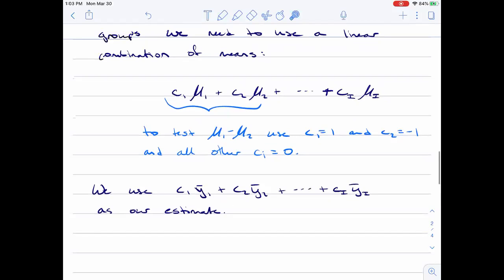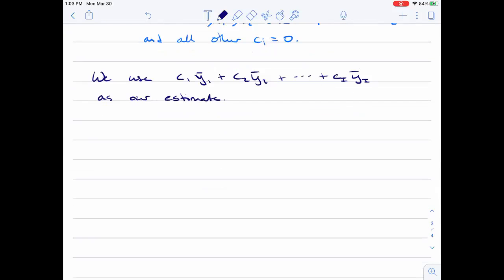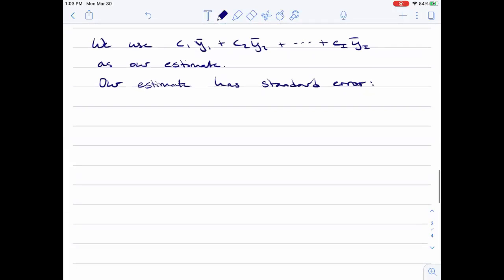Our estimate has a standard error, which is the root of the mean squared error times the sum from i equals 1 to I, for each of the groups, of Ci squared over Ni. So each of the coefficients squared over Ni.